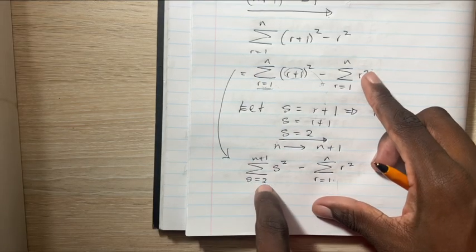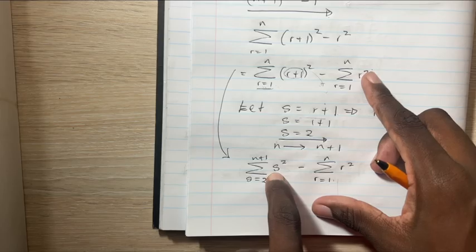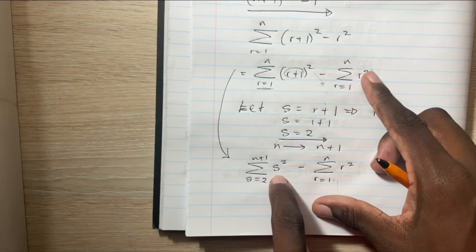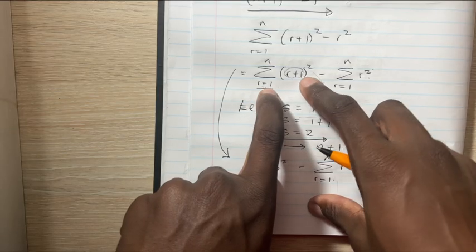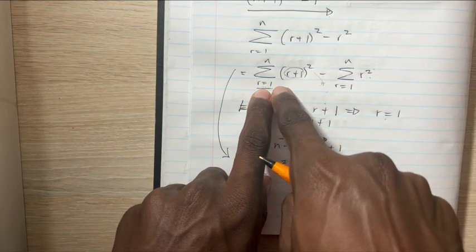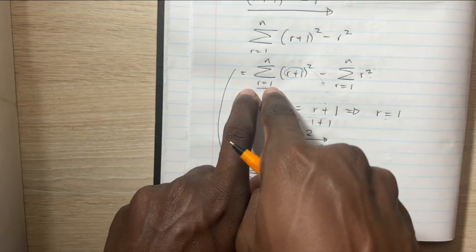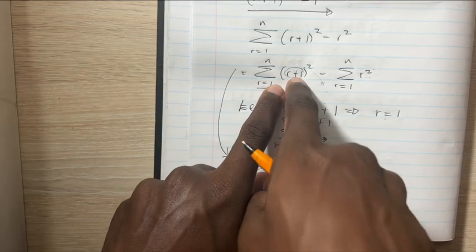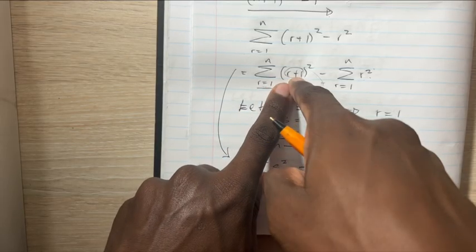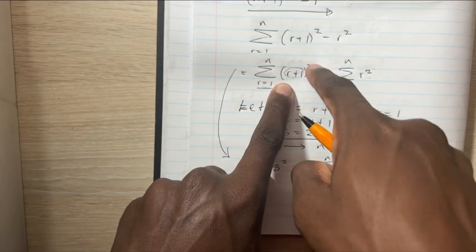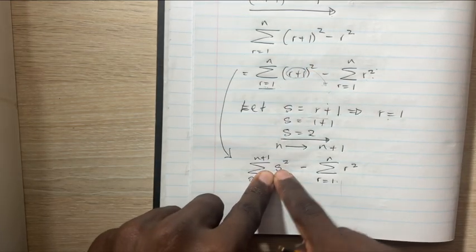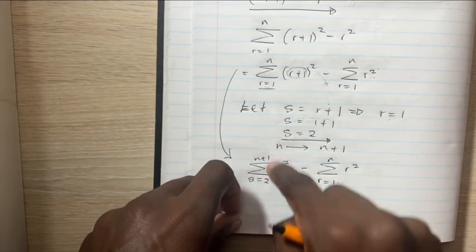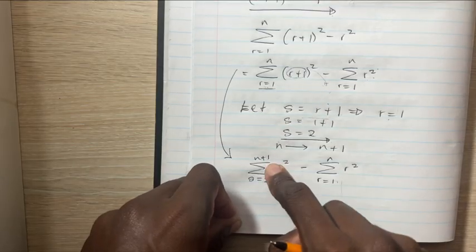If you put 3 now here, which is the next value, you have 3 squared, which is 9. The next value for this one would be r equals 2. So you put 2 there, that's 2 plus 1, which is 3. 3 squared is 9, which is the same as this one. So these two equations are the same. These two series are the same.